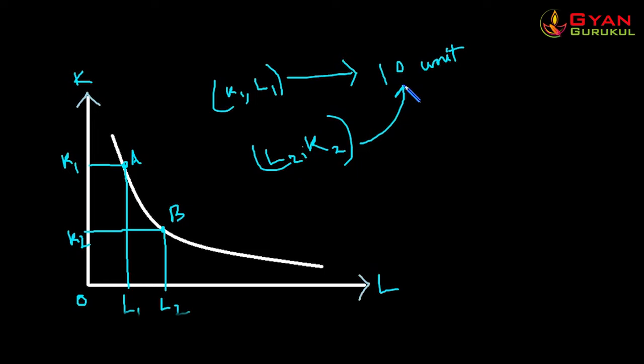So throughout this curve, take any point, all these points will give a specific combination of labor and capital that will give the producer exactly 10 units of output. So an isoquant shows various combinations of two factors of production that will give the producer a certain level of output. Clear?